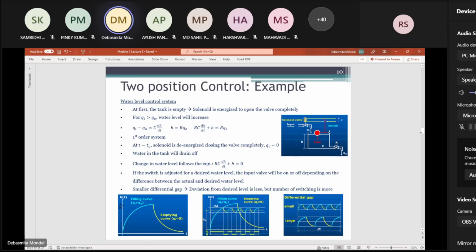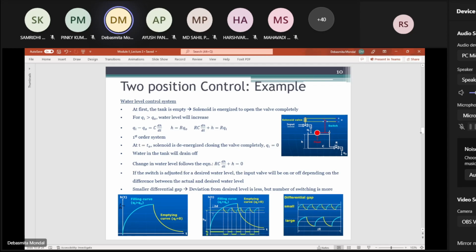The moment the value of H reduces by a small amount, the input valve will open and it will again start rising up. So there will be continuous switching of that valve.